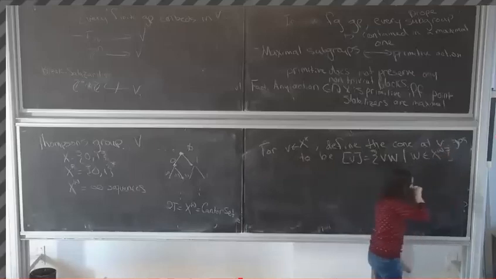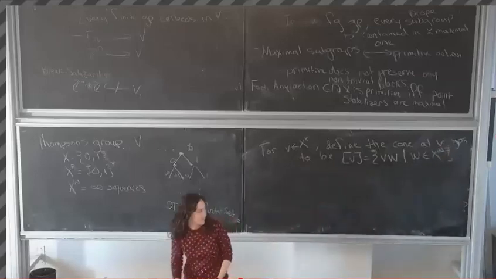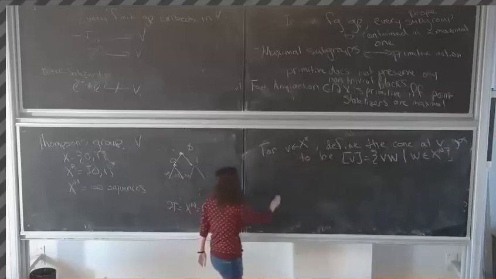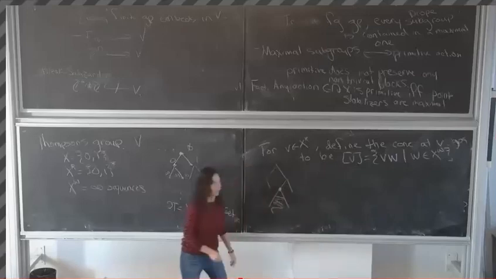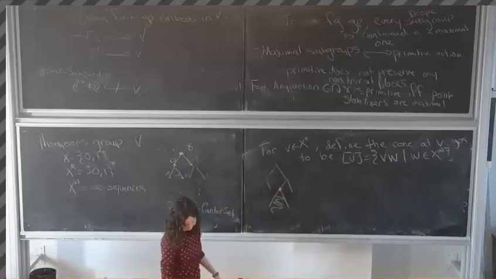So it's the set of infinite sequences beginning with v. In our picture, if this is my vertex v, then the cone is the portion of the boundary that's passing through this.